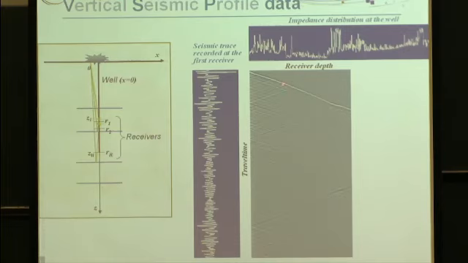You also see upgoing waves that have been reflected in the receiver zone or below the receiver zones. So the presence of these downgoing and upgoing waves reflects the heterogeneity of the medium. And what you see here, in fact, is the interferences between all the scattered waves.